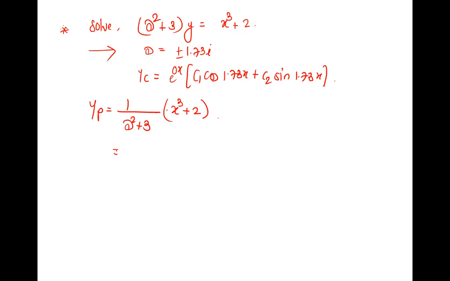So what we can do next is, in the denominator, take 3 common out. 3 plus, take 3 common outside. Then what remains there? 1 plus d square by 3, into x cube plus 2. Next step, this goes up.